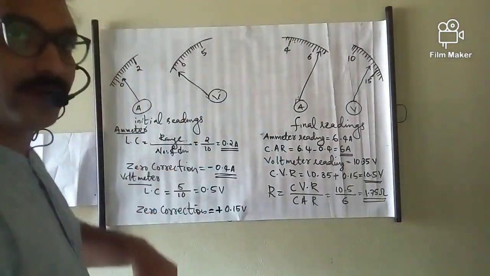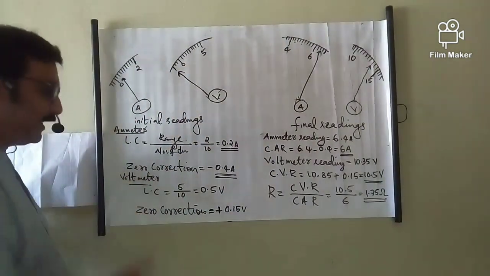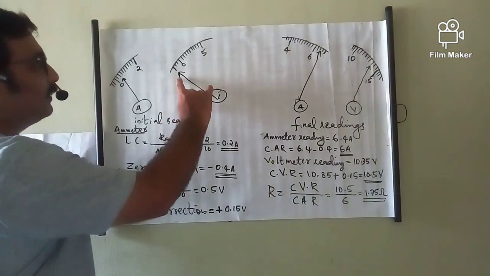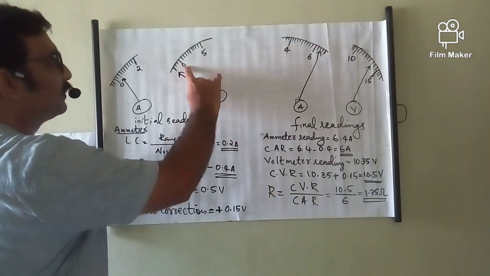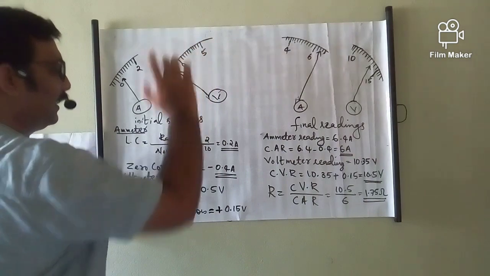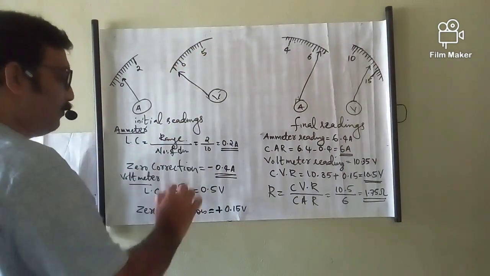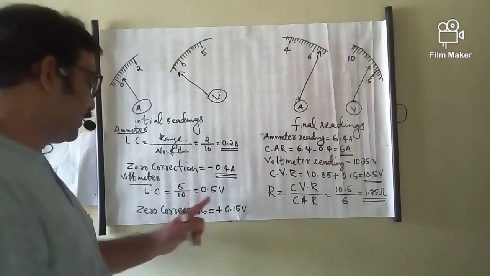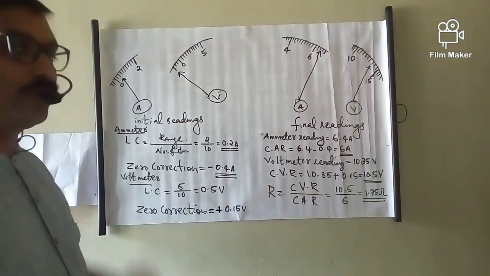Then we go to the voltmeter reading. The range is 0 to 5, with 10 divisions again, so 5 by 10 gives 0.5 volt, the least count of the voltmeter.